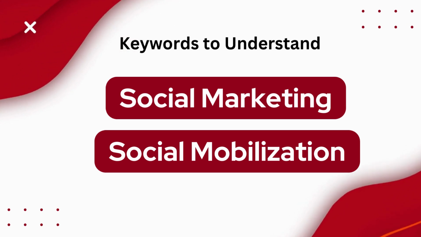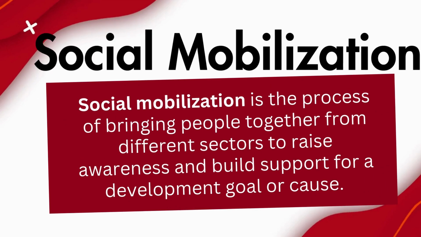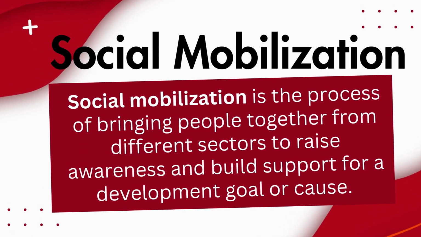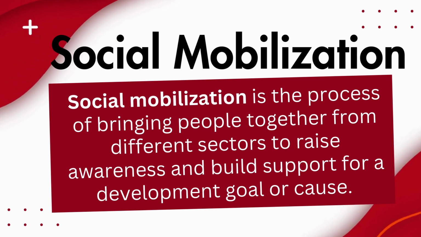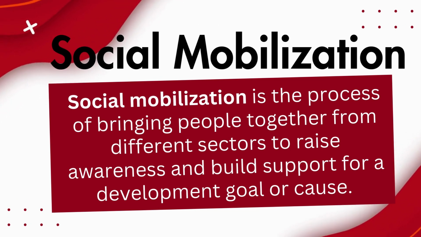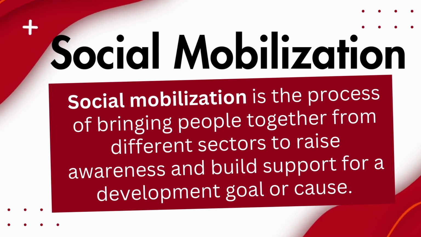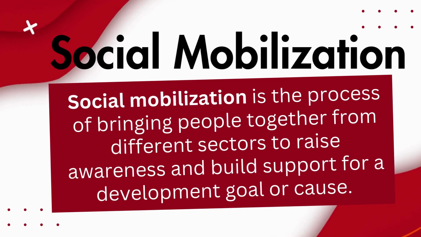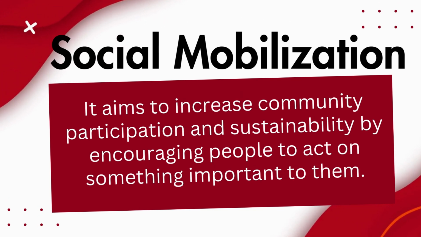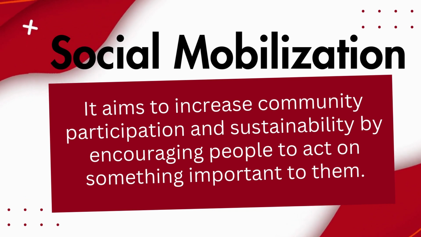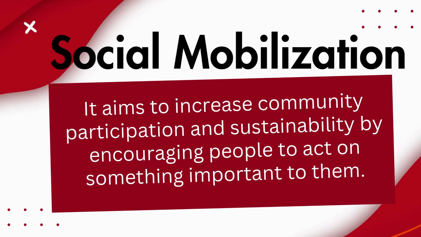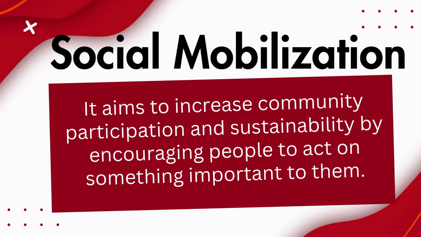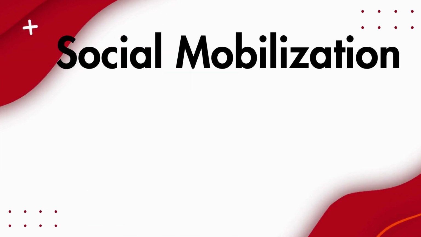Let's define things first. Social mobilization is defined as the process of bringing people together from different sectors to raise awareness and build support for a development goal or cause. It aims to increase community participation and sustainability by encouraging people to act on something important to them.